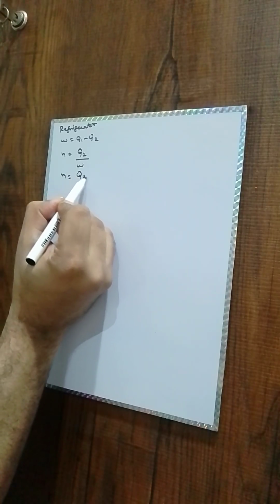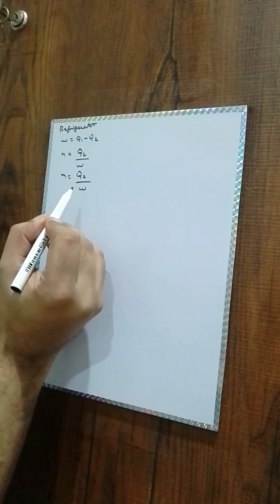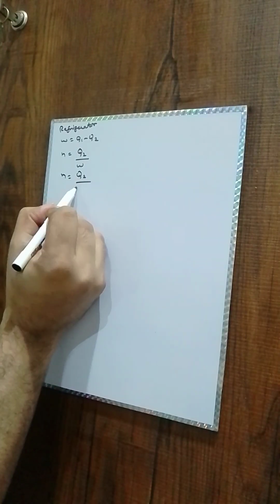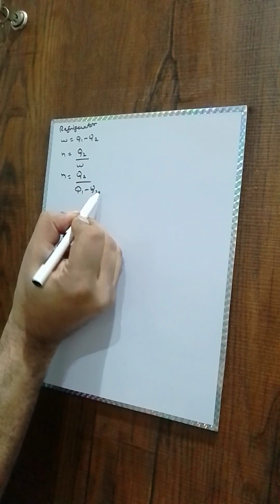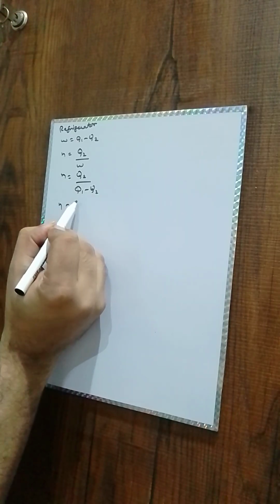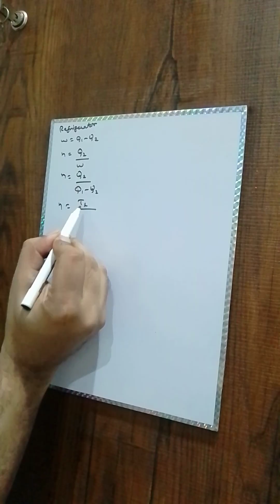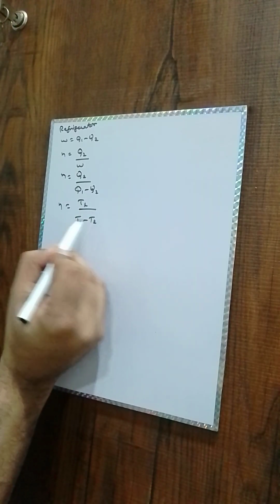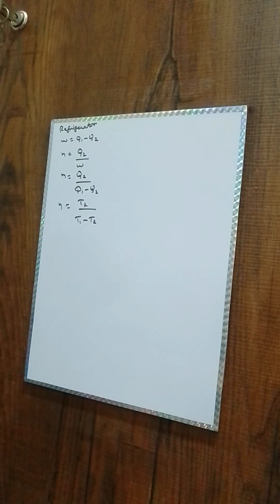Okay, so we put it like this: Q2 by W, or Q2 by Q1 minus Q2, and in terms of temperatures, T2 by T1 minus T2.